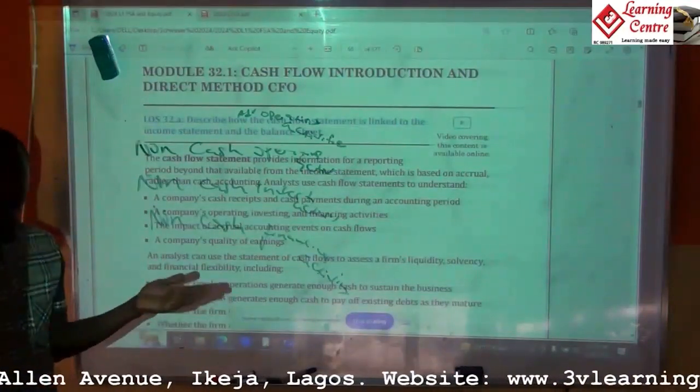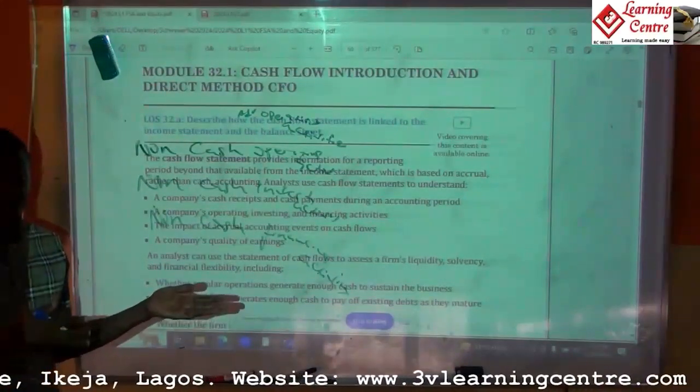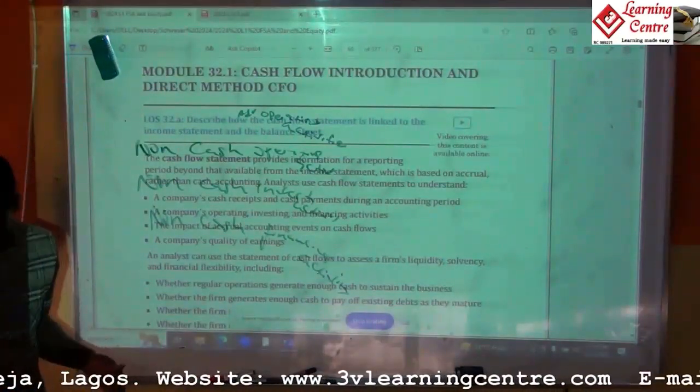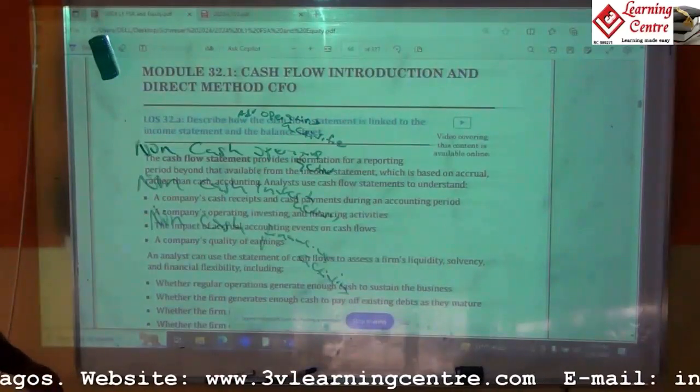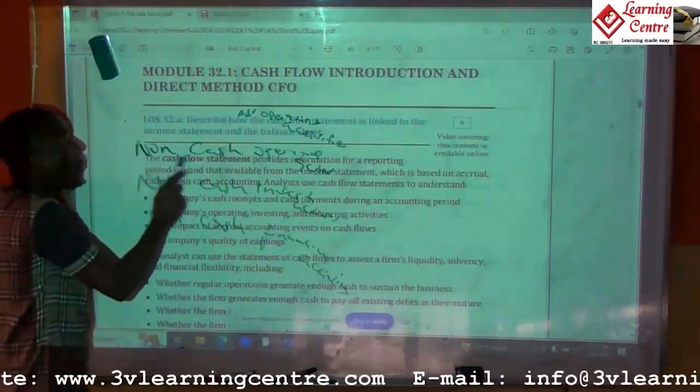It depends. If you are subtracting in your income statement, you add it back. If you are adding in your income statement, you subtract. Yes, but it still goes to your cash flow, it goes to your operating activities.